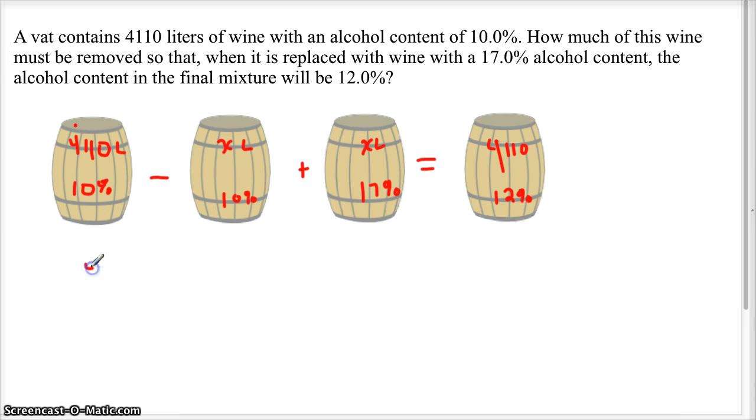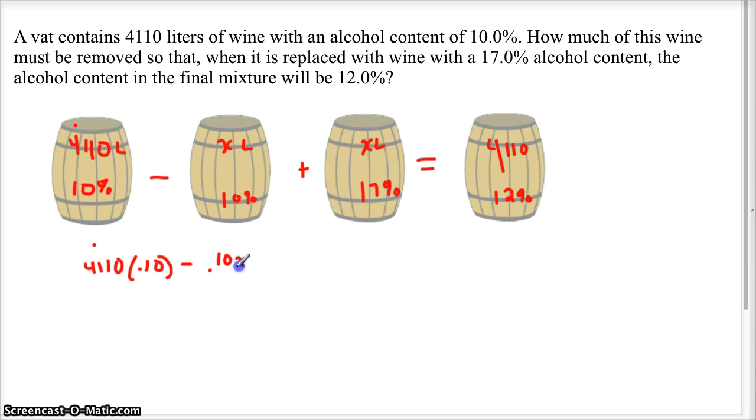So for this one, the liters of alcohol will be 4,110 times the 0.1, because that's the percent of alcohol that's in that barrel. Okay, and then minus 10% of X, because I have X liters of it, and it's 10%.